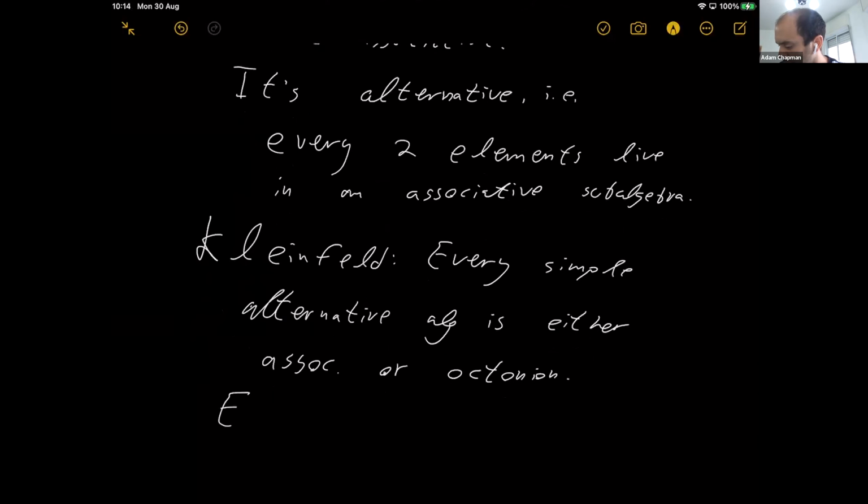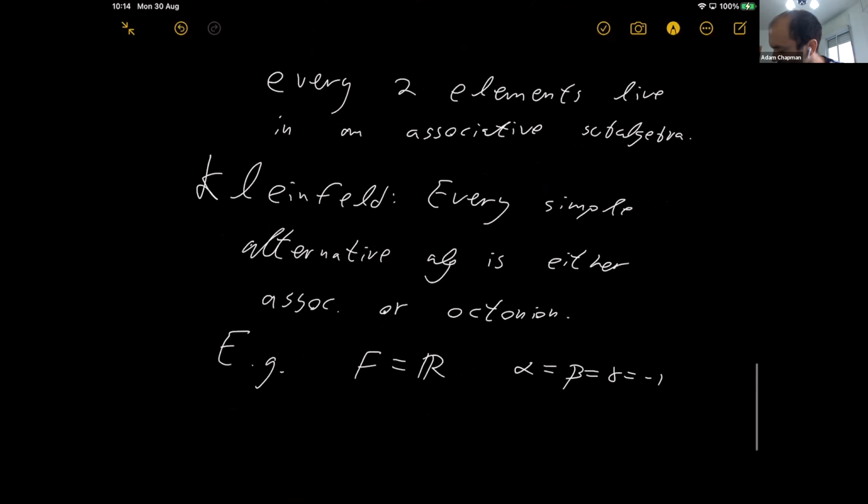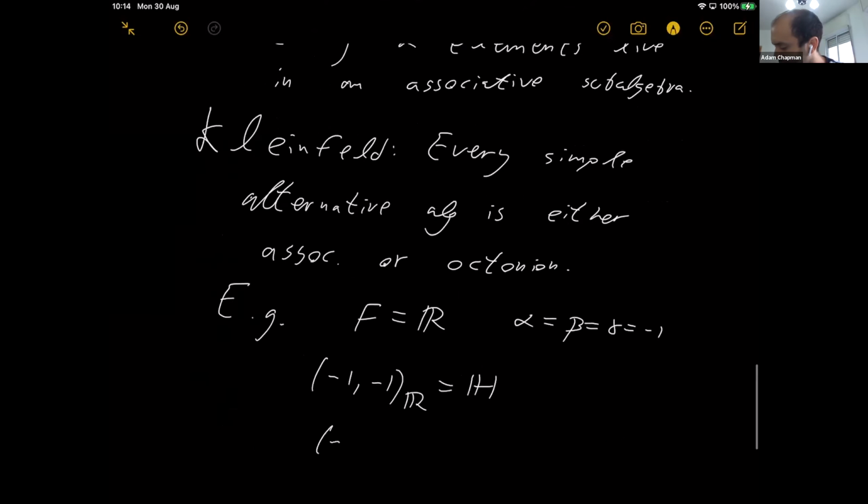If you want an example for this construction, then if you take F to be the reals, and you take alpha and beta and gamma to be -1, then this algebra over the reals is Hamilton's quaternions, and the next one over the reals is Hamilton's octonions.